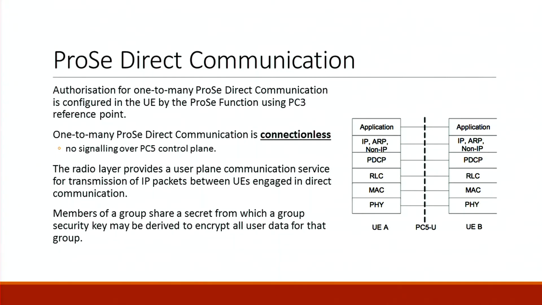So after you've discovered some users around you, you can communicate. Remember that in V2X, communication is only one to many, so it's like a sort of multicast. It can be between the group of people that you have discovered. The standard does not tell you when you can start the communication.